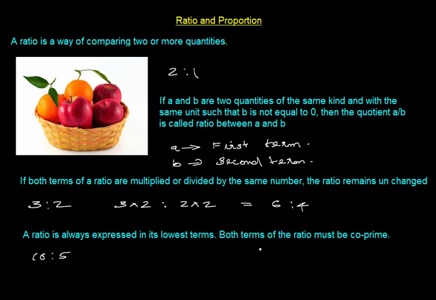Here, the HCF of both terms is equal to 5, so we divide each term by this HCF. We get the lowest term, 2:1. Now its HCF is equal to 1.